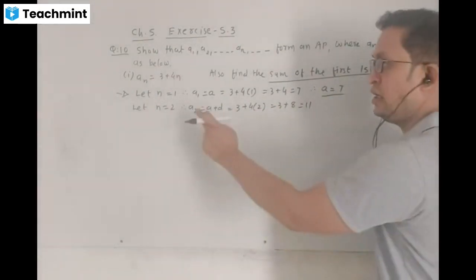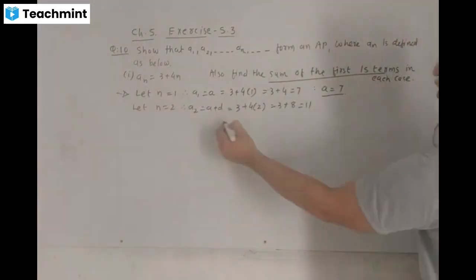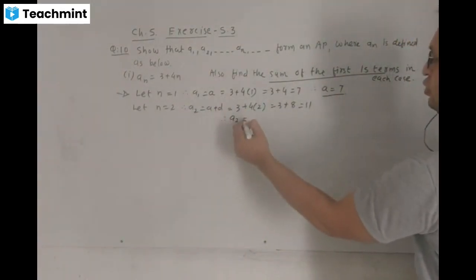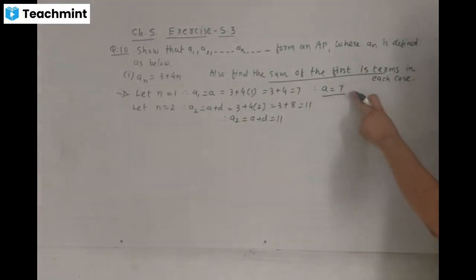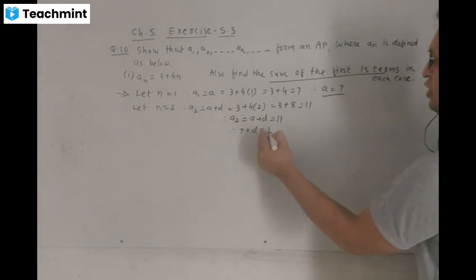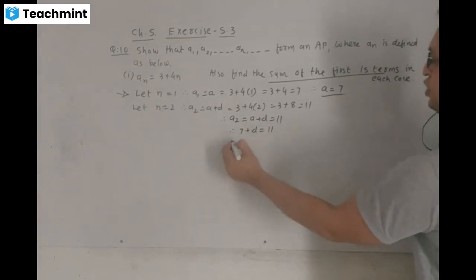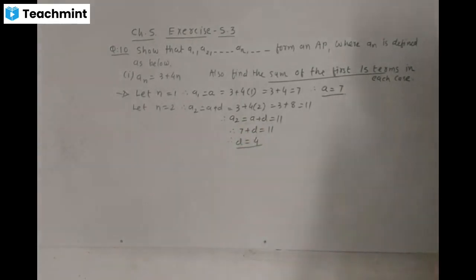Second term, that means a plus d is equal to 11. But a is equal to 7. Therefore, 7 plus d is equal to 11. Therefore, d is equal to 11 minus 7, that is equal to 4.